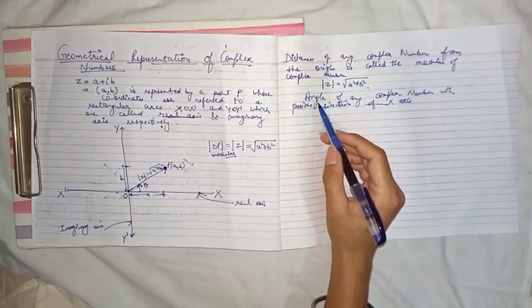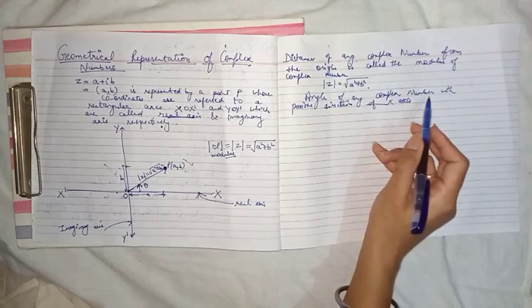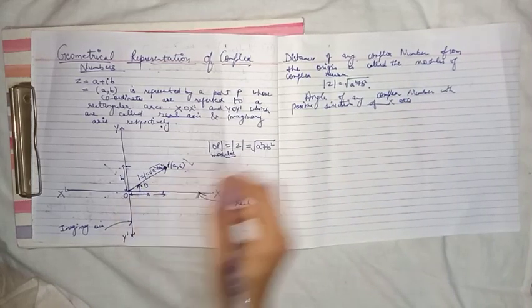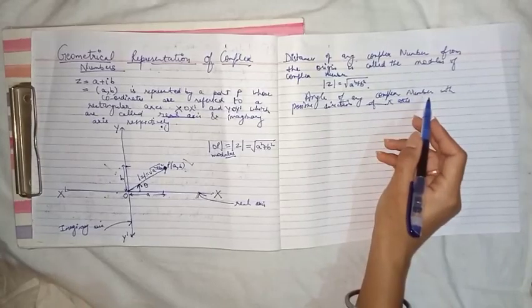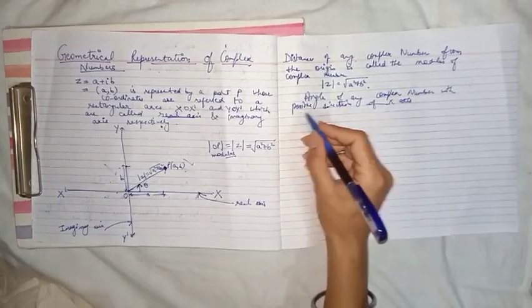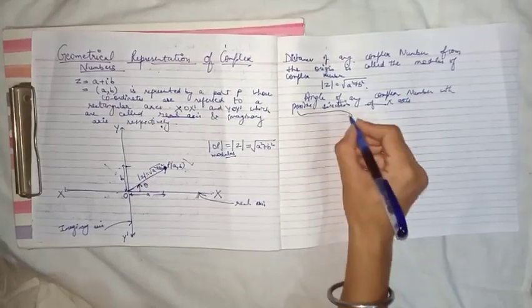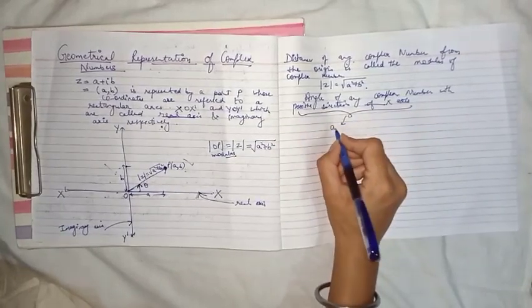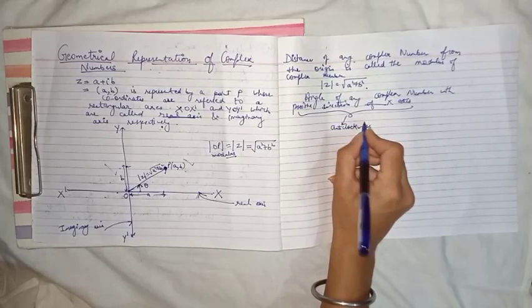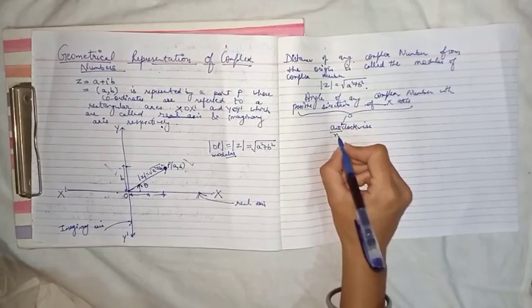Now angle of any complex number, here the angle theta. Now angle of any complex number with the positive direction of x-axis. What is the positive direction of x-axis? It is the anti-clockwise direction. Anti-clockwise means not clockwise. Anti means not.